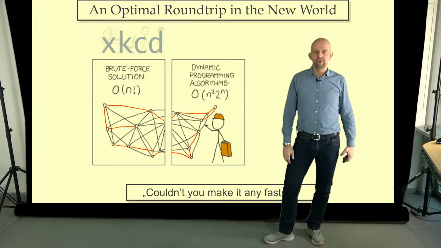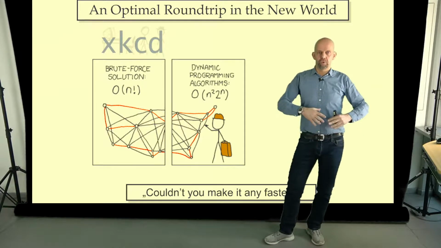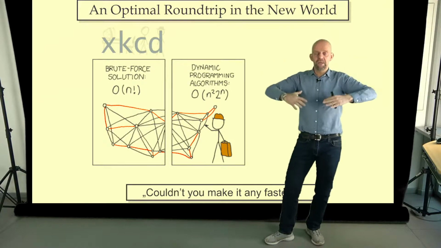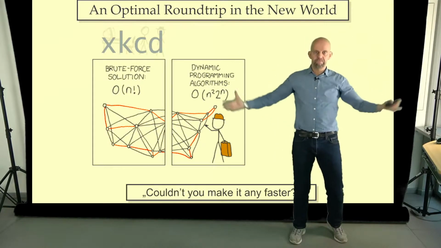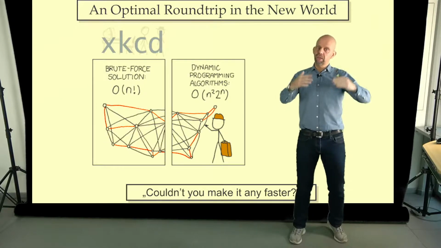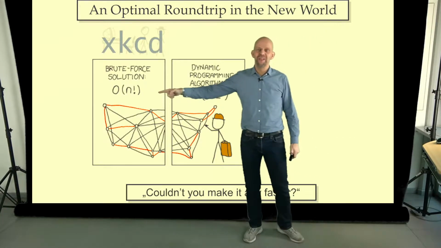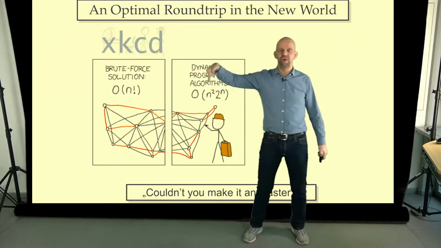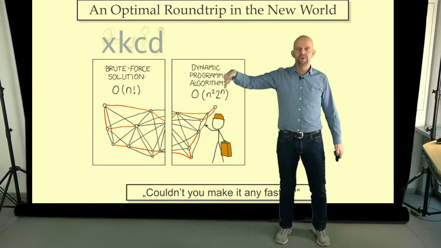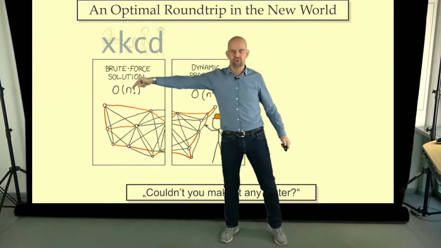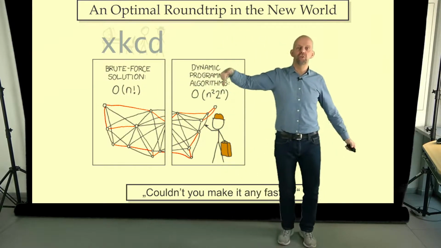You can do something called dynamic programming, which is a classical method for increasingly enlarging the set of things you consider and then working your way up from smaller to larger. And that does reduce the complexity from n factorial to n squared times 2 to the n. So that's still exponential, but not quite as bad as n factorial. n factorial is basically 2 to the n log n, and now it's only 2 to the n.